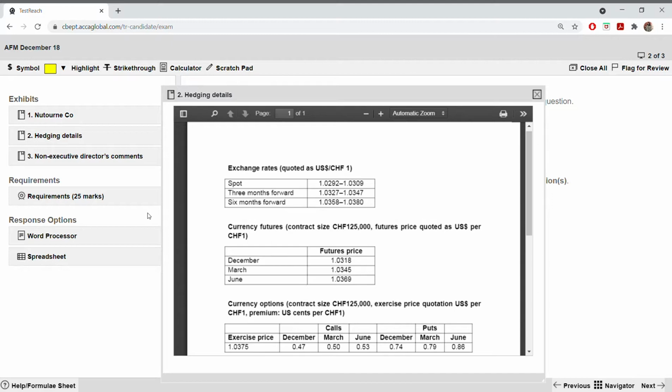So like those, we don't have heavy calculations, right? It's just multiplication and division. So for that we can use a calculator. So if I have to recommend, I would say it's easier and faster to do the risk management question in the word processor. But still, for some of you who have the habit of doing it in spreadsheet, I will also show you in spreadsheet. There's no harm, you can do it in any way.